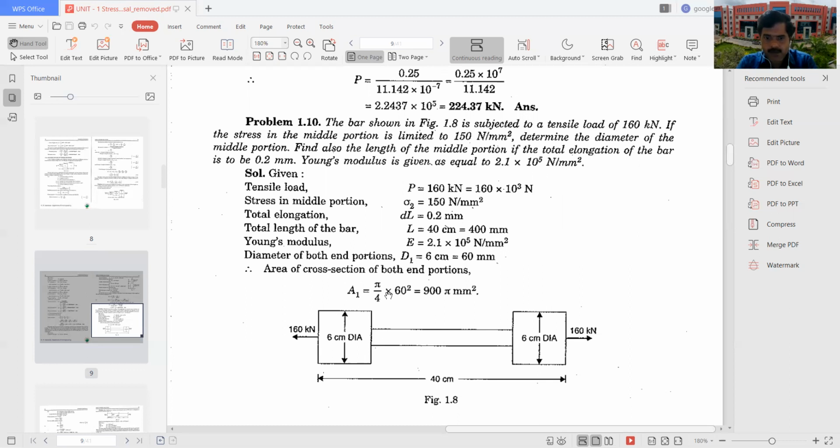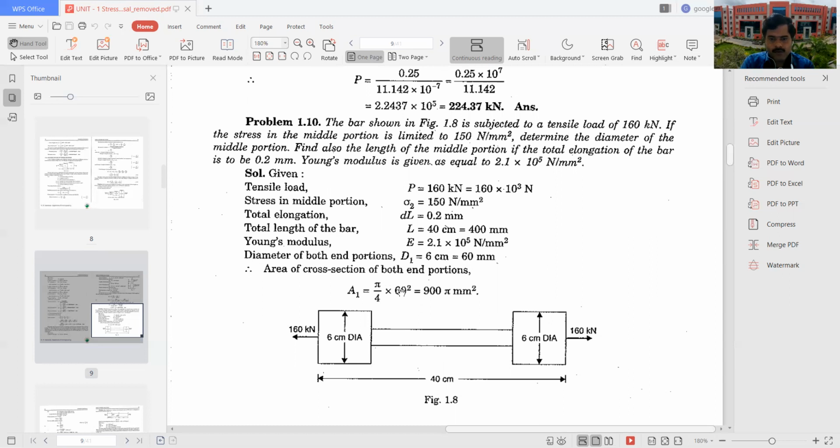So Young's modulus, capital E, is common. This is section 1, this is section 2, same material. They ask you to find out the diameter and length of the middle portion, and you can see the area of the cross section A1.